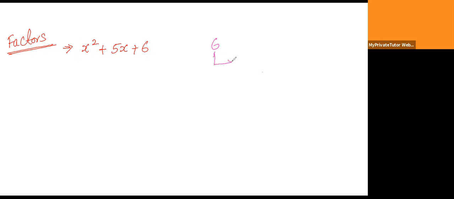Then write down the factors of 6. 1, 2, 3, 6. These are the factors, and please write them as negative factors as well. And the question is, which two numbers add up to 5x and multiply up to 6?